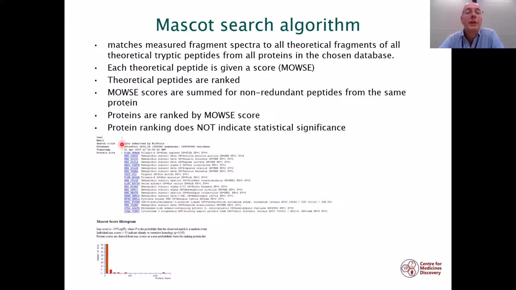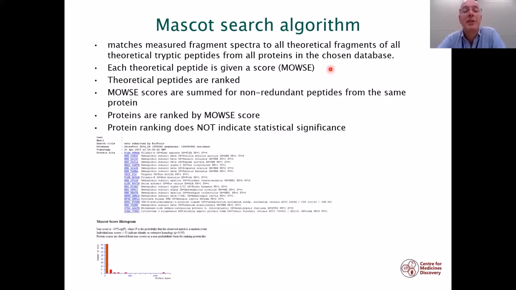So every observed fragment spectrum is matched to every possible fragmented peptide, and each theoretical peptide is given a score. Okay, so if we have 60 million possible peptides, each one of those is given a score relative to the data that we have.